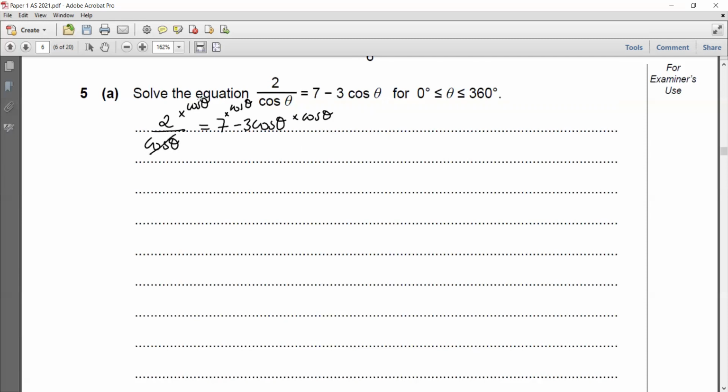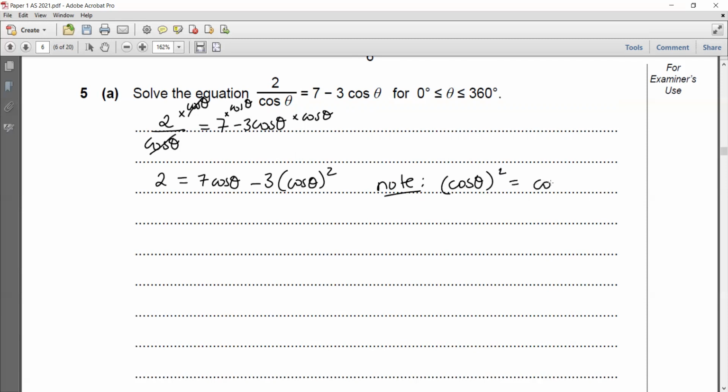So this cos theta will cancel. So I have 2, and then 7 times cos theta, this is 7 cos theta, and then 3, and then cos theta times cos theta, this is of course cos theta squared. And then you need to take note that in short, we don't write it like this, cos of theta with brackets squared.